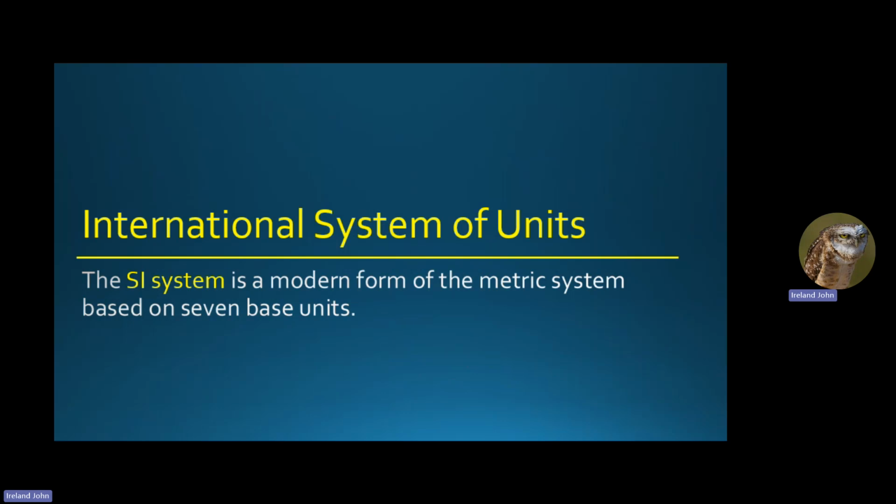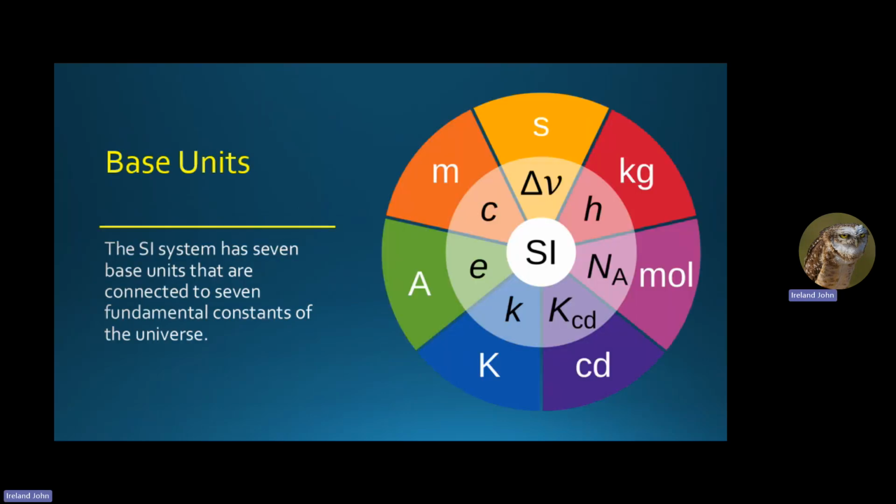French came up with the metric system, and they also helped develop this. The SI system is basically an advanced form of the metric system, right? It takes everything about the metric system, and then it makes one big change. It says, all these units of the metric system, most of them just get reduced down to a few known units.